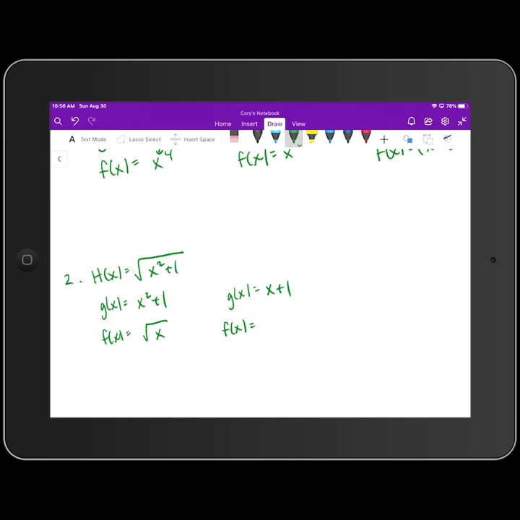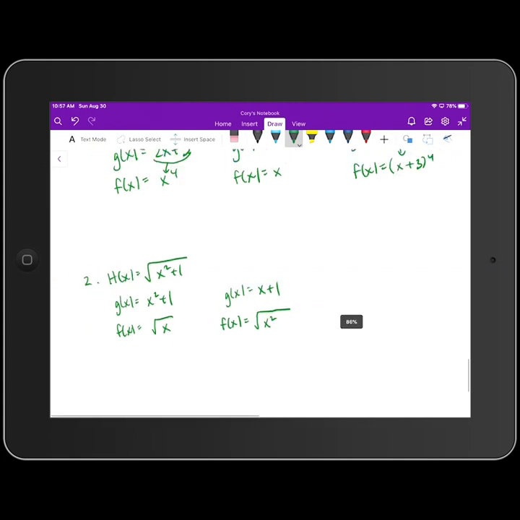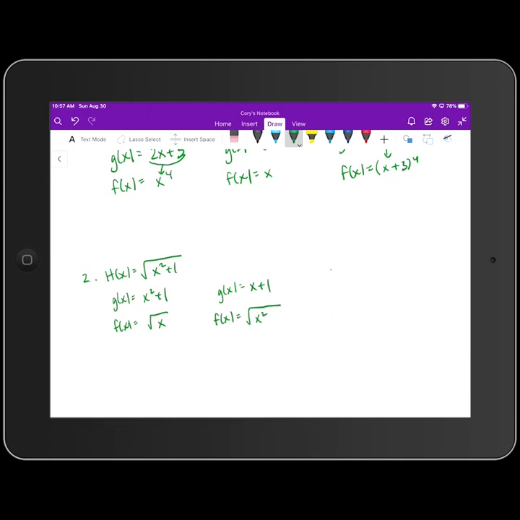Okay, so let's see how we did with this. So if my function g of x is x plus 1, I know my function f of x has to have a square root of x squared with it. So I'm going to work out the calculation for f composed with g over to the right.